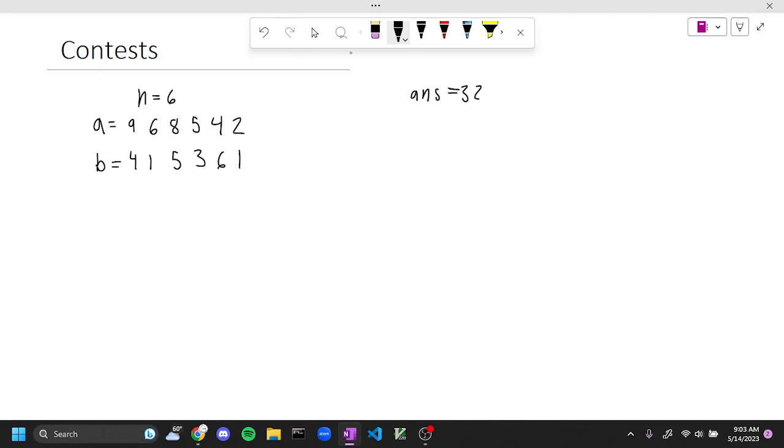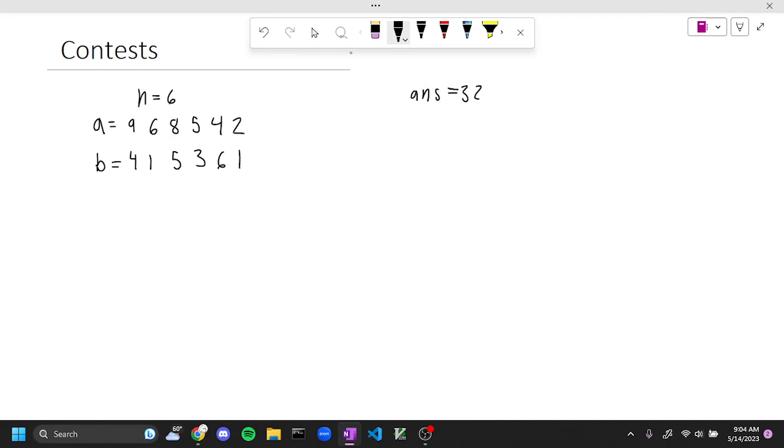So let's work a little bit backwards. First off, sorting it will probably help, because we want to see how many elements are greater than their respective index in the other array. So let's just sort it to see what happens.